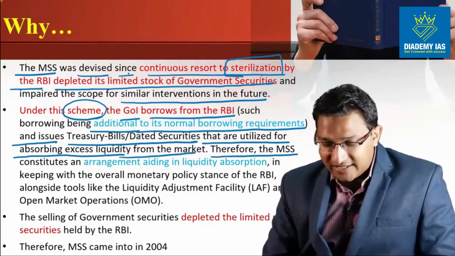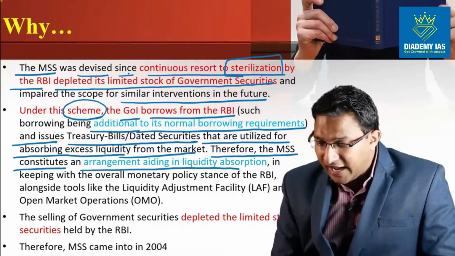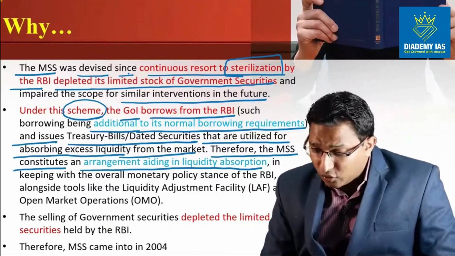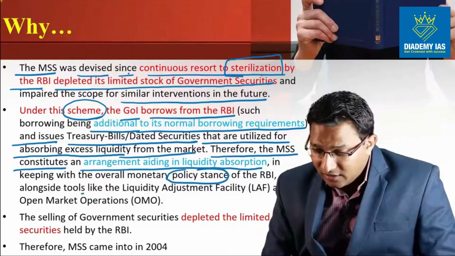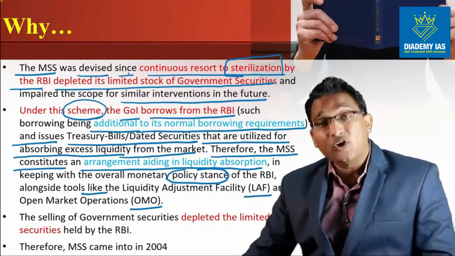Therefore, the MSS constitutes an arrangement aiding in liquidity absorption, right, in keeping with the overall monetary policy stance of the RBI, alongside tools like the liquidity adjustment facility and the open market operations.